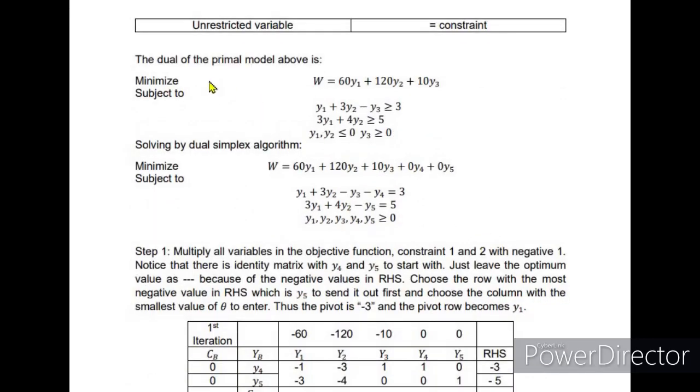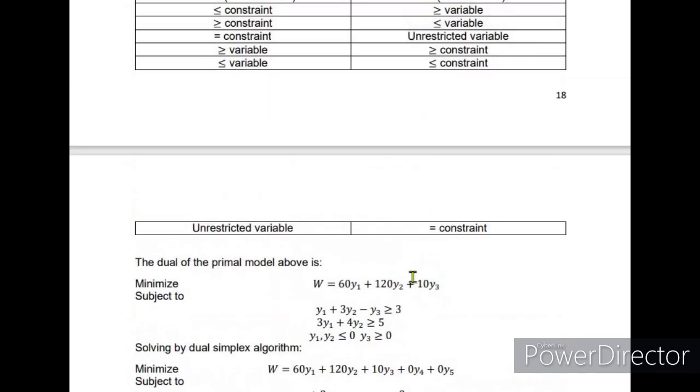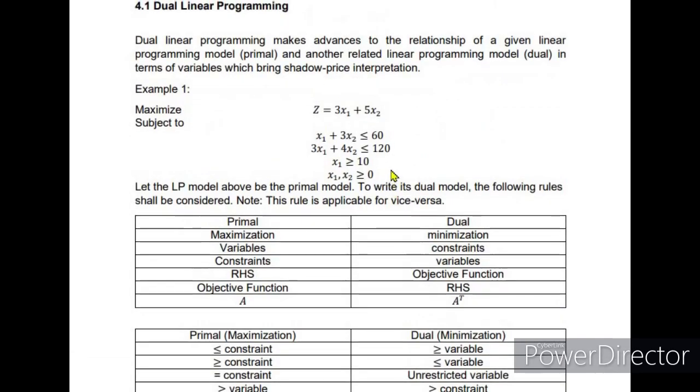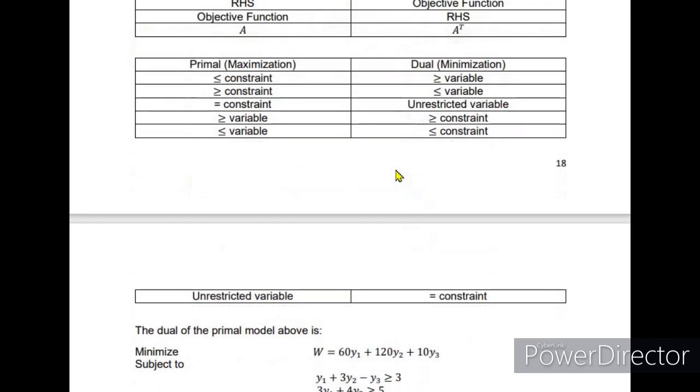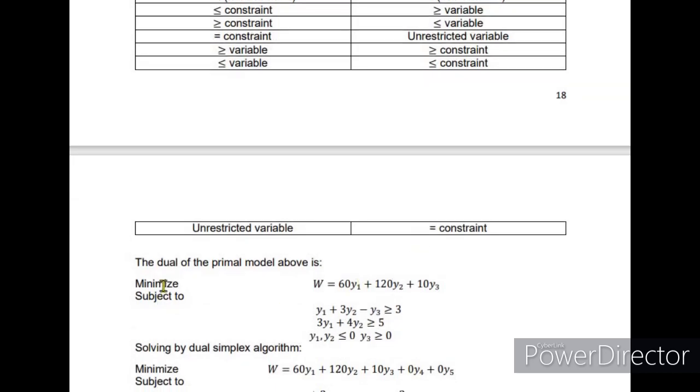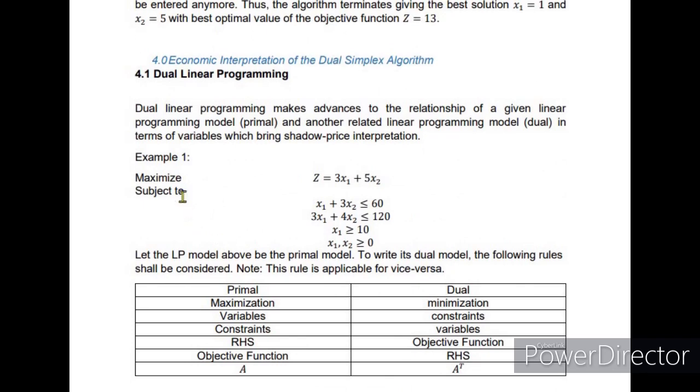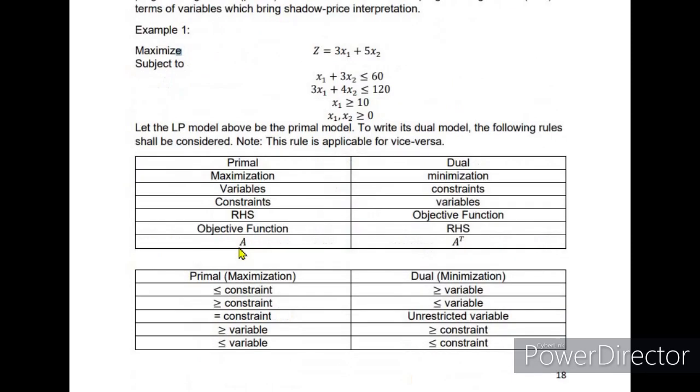Okay, so now let's apply it. The dual of the primal model above is this. We got the dual of this primal model by applying all of these rules. Minimize. Why is this minimized? Because the primal model is maximized.